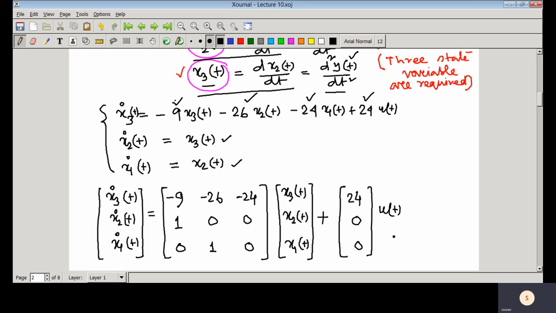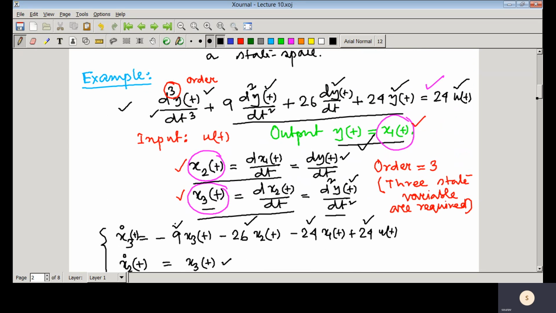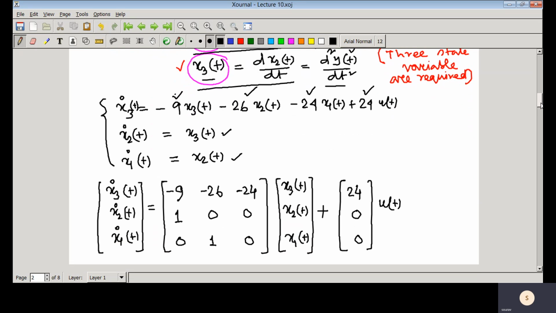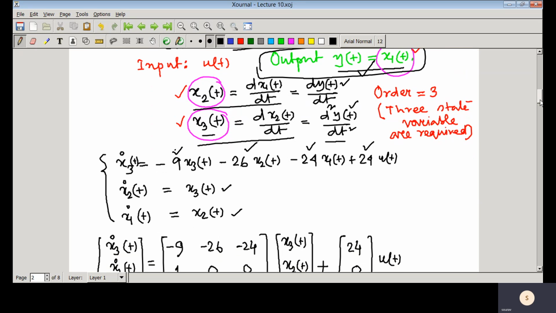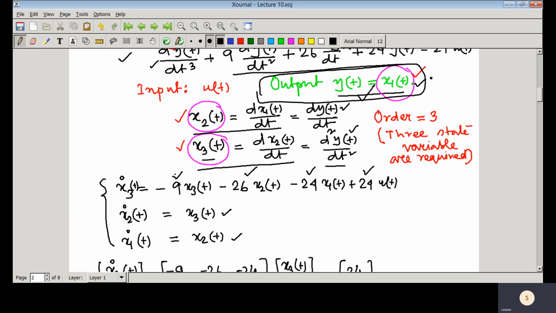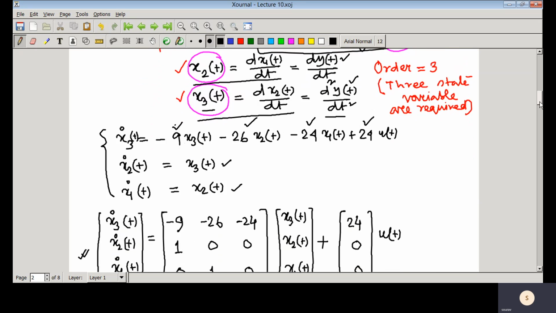So this is actually the representation of this particular dynamical system in terms of the state variables. Three state variables are there, x1, x2, and x3, and one thing is left, that is the output equation. Output y(t) equal to x1(t), as we have defined.